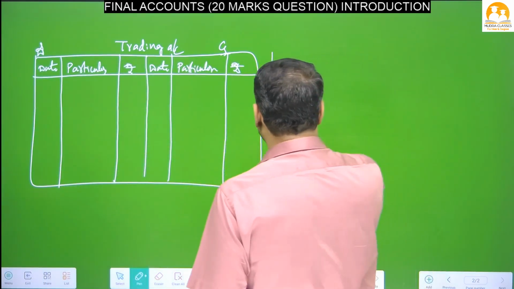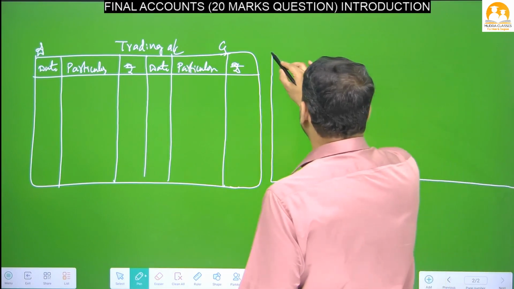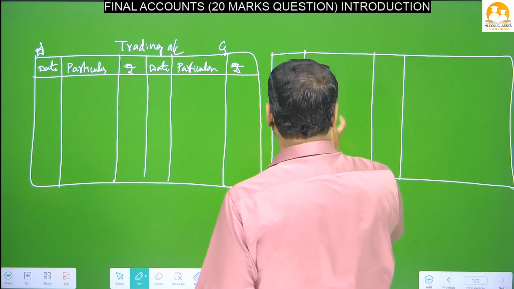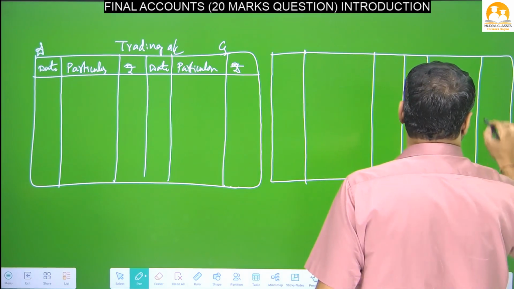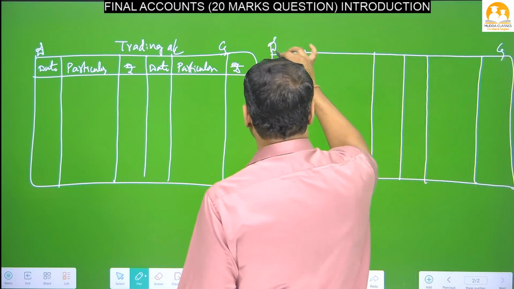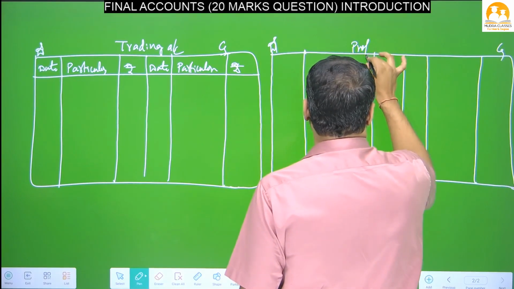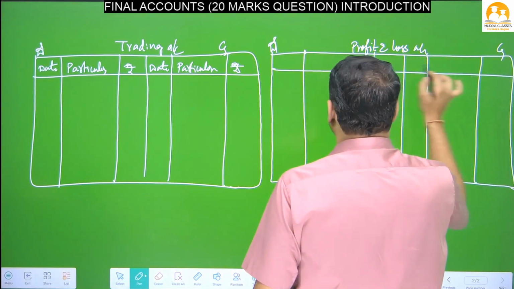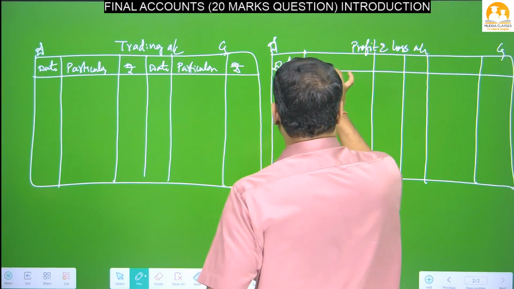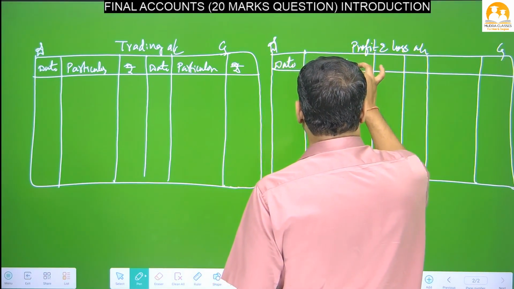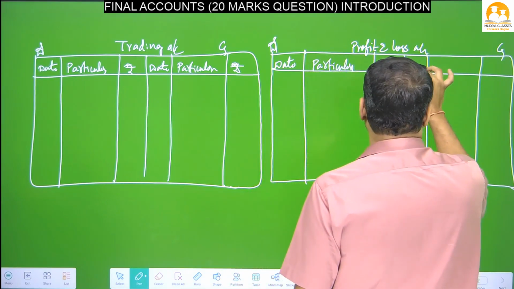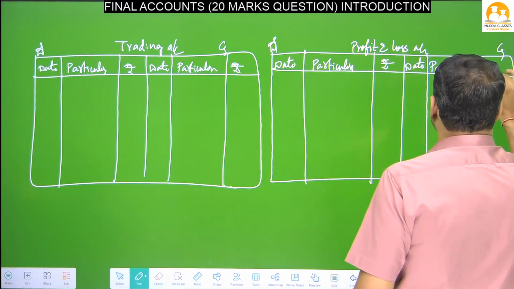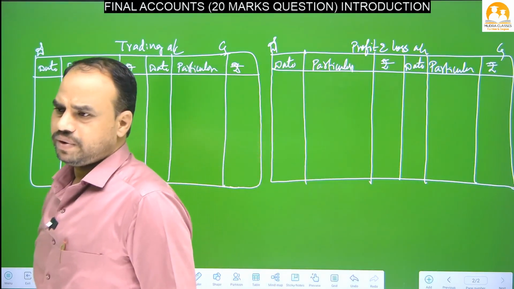And one profit and loss account we will prepare similarly, with the same format: date, particulars, amount on both sides. So both the debit side and credit side will be prepared like this.